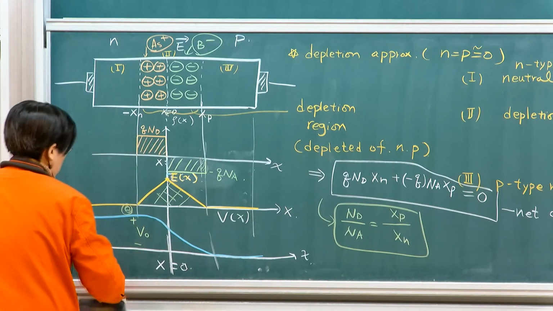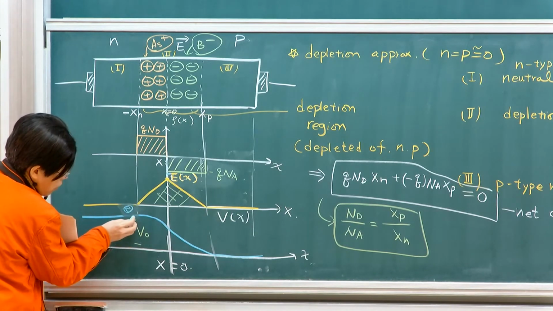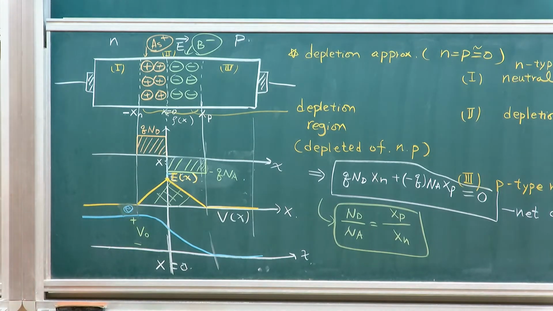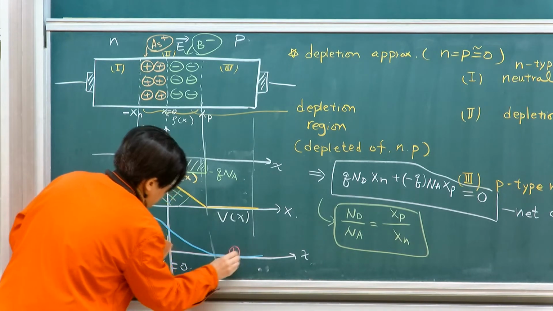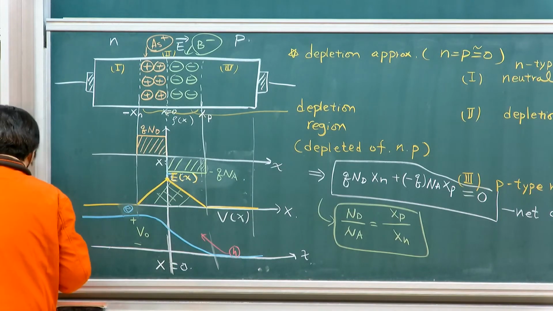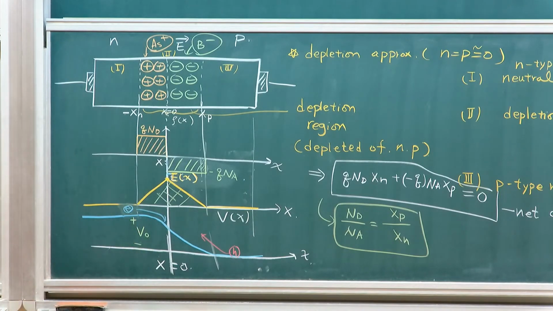For a hole on the right, you of course also see a barrier. So for an electron or hole trying to move, you will see a potential barrier, which is V0. It's the same type of barrier, same height, which blocks the further diffusion of electrons and holes.